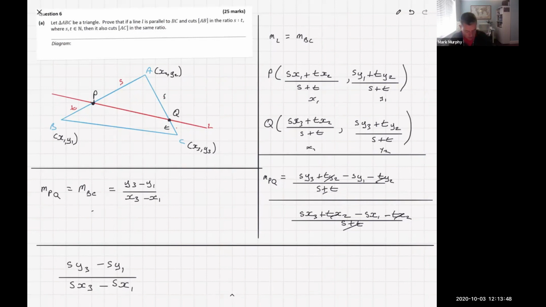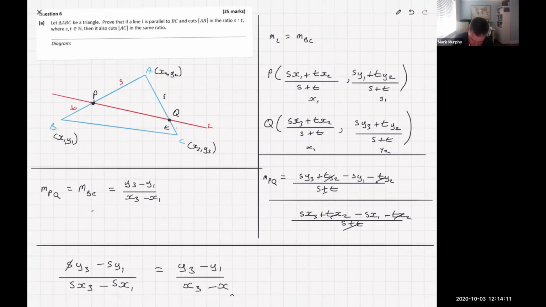Now, let's get rid of the s's. They all cancel out, don't they? So you're left with y3 minus y1 all over x3 minus x1.